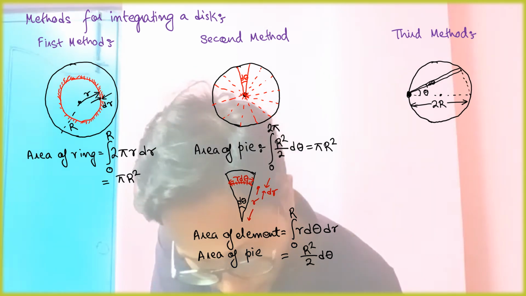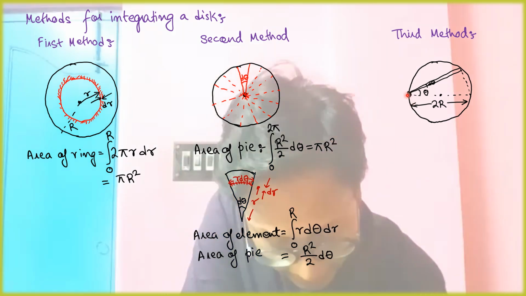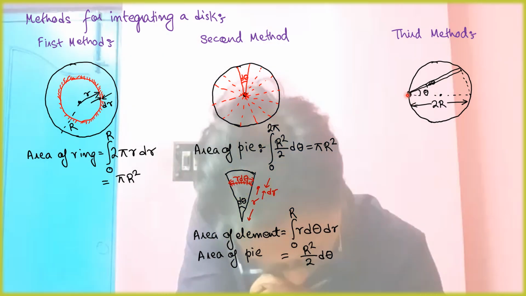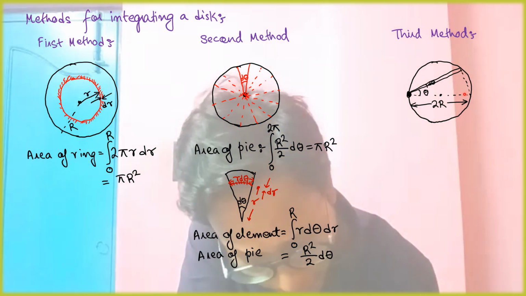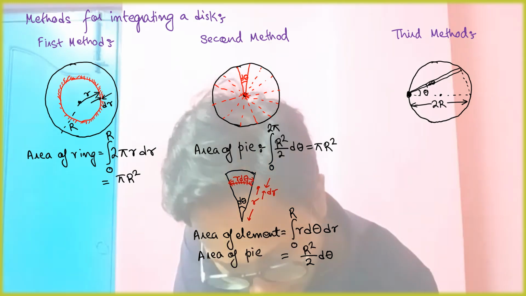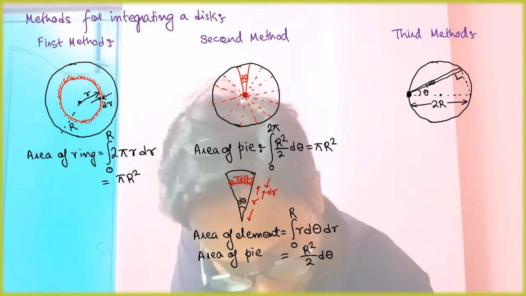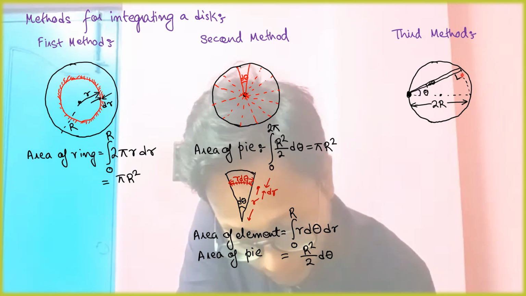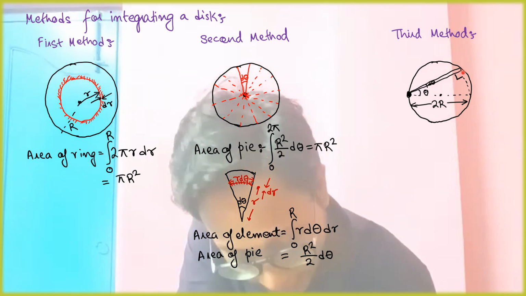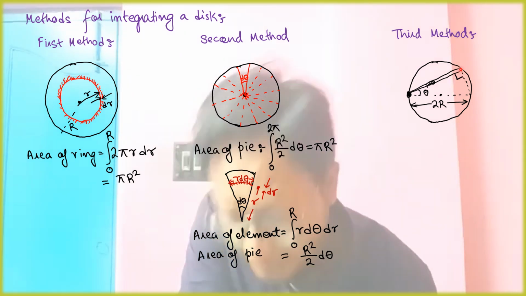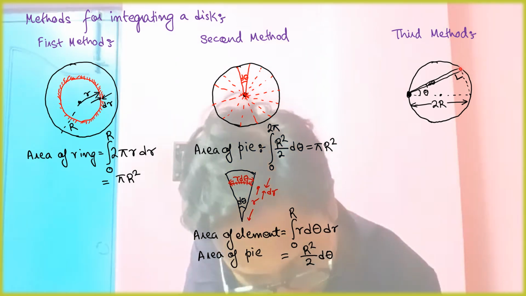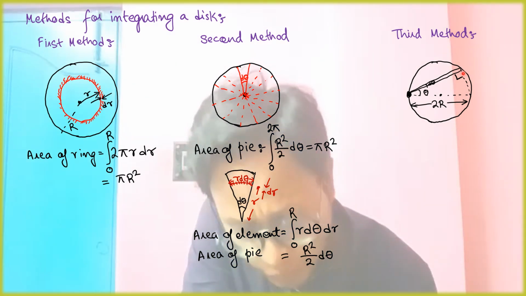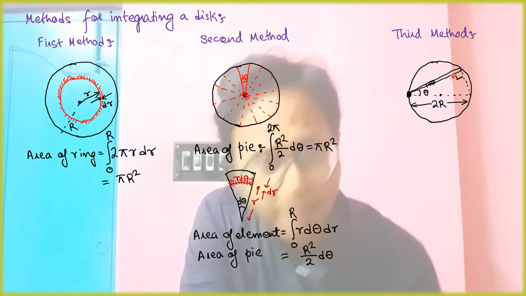See, in properties of a circle, you know that if a triangle is formed by joining the two ends of a diameter and a point on the circumference, that angle is always 90 degrees. It doesn't matter where this line joins, whether out here or out here. It doesn't make a difference, because this thickness or this length is already so small, no? Because this is d theta.